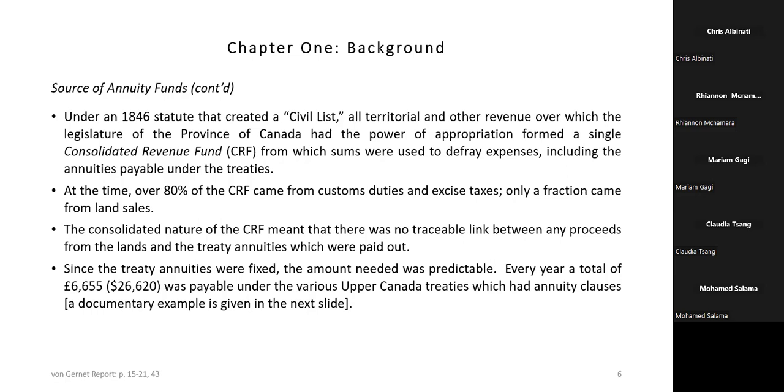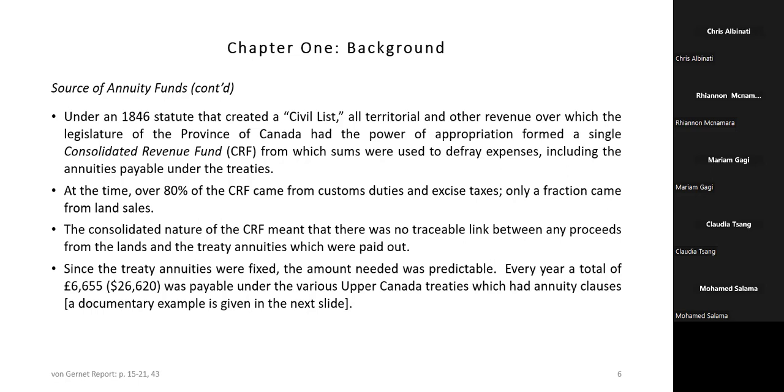So that fund was used to defray all expenses, including the annuities, under all the treaties. And that fund, back in those days, had an interesting composition because there was actually very little that came from the land. Unlike in the United States, where the lands contributed a huge amount to the general funds of the country, here in what was Upper Canada, actually very little.